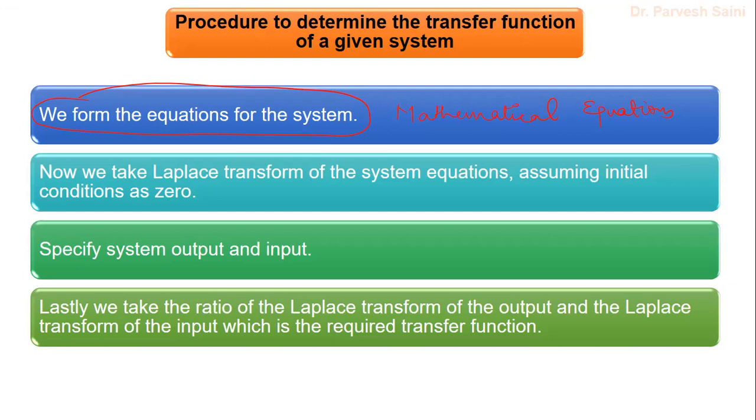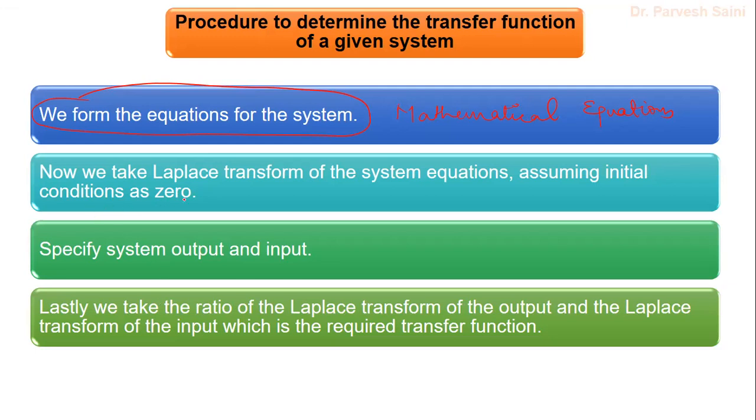So once you get the mathematical equations of the system, then you apply Laplace transform on the given equations. And when you apply Laplace transform on the given equations, all the initial conditions that come after applying Laplace transform are kept 0. So we put them 0 so that we get an equation without the initial conditions, right?